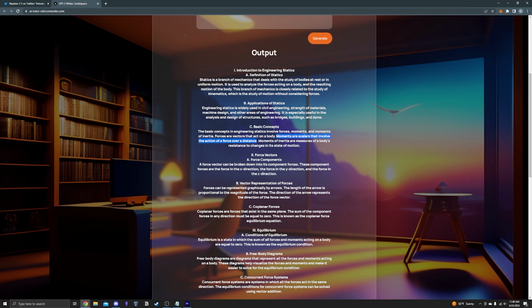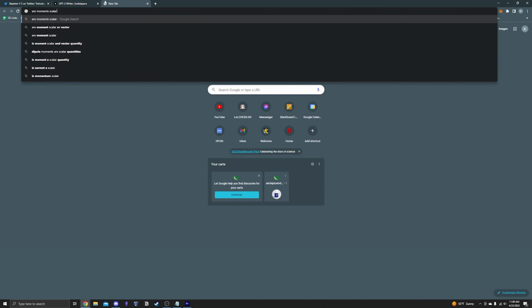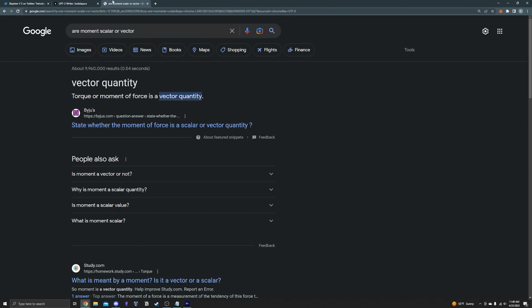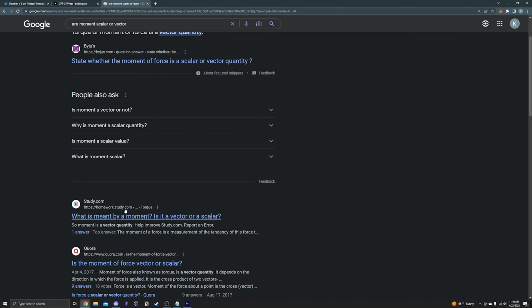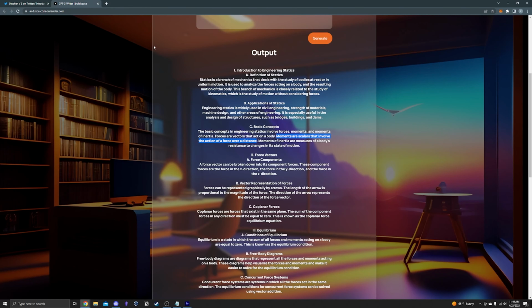Well, moments have a rotational direction. Actually, are moments scalars? Yeah, so moments are vectors, because there is a direction. So already this is incorrect.